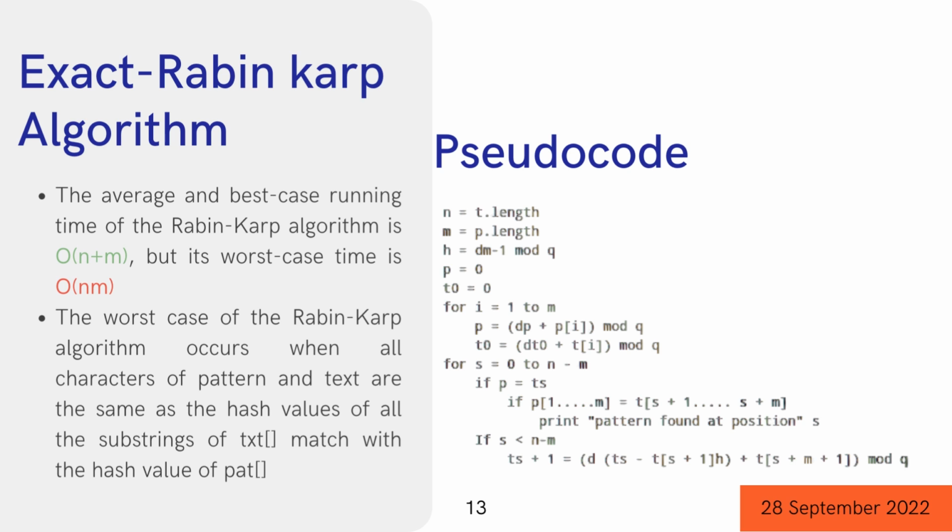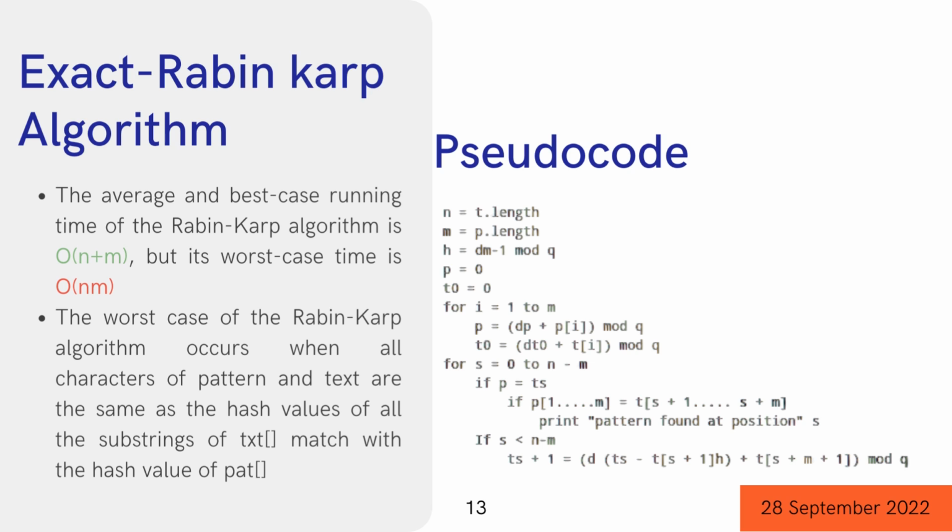Here n is the length of the text and m is the length of the pattern. It depends on both, because we have to get the hash value of the pattern and also the hash value of the text. After a hash match, we will check which characters are matching or not matching.